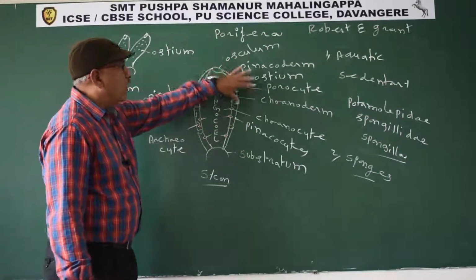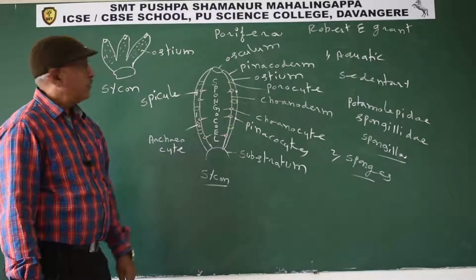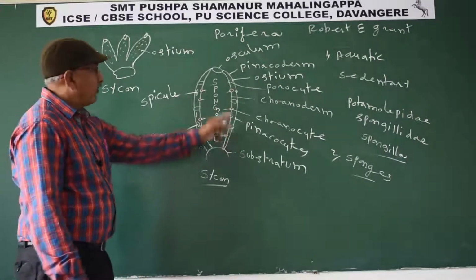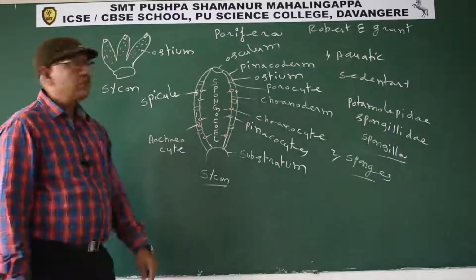So once again, the body wall contains two layers, outer pinacoderm, inner choanoderm. These two layers contain different types of cells. Flattened cells present in the pinacoderm are known as pinacocytes.